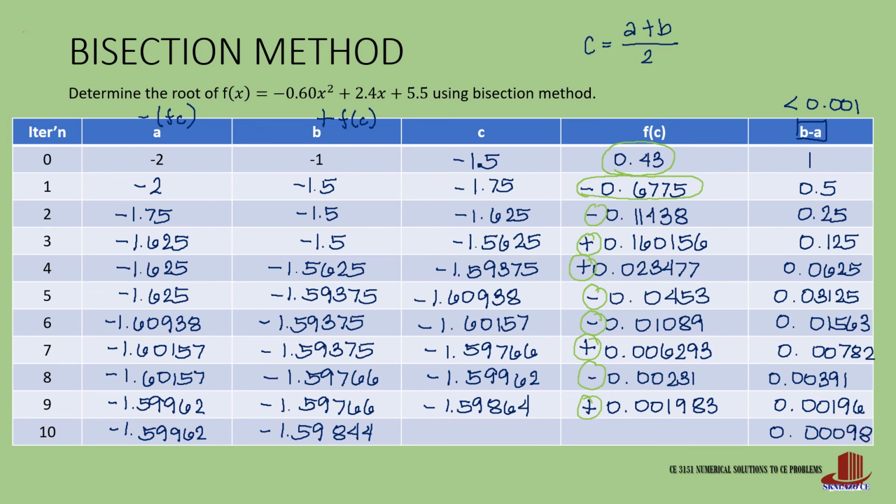This is definitely smaller than 0.001. So we can say that the root of x would be taken as that of the upper limit, that is negative 1.59844. The root of x is then negative 1.59844.